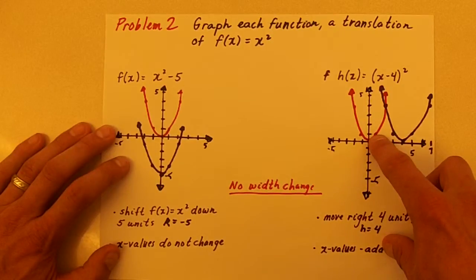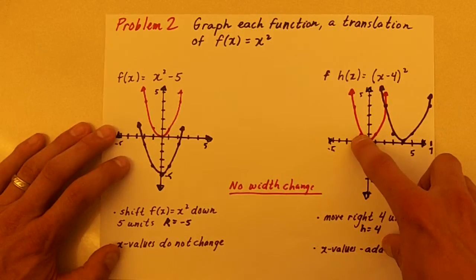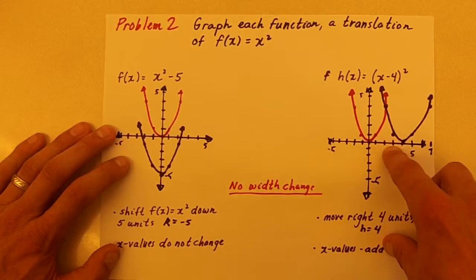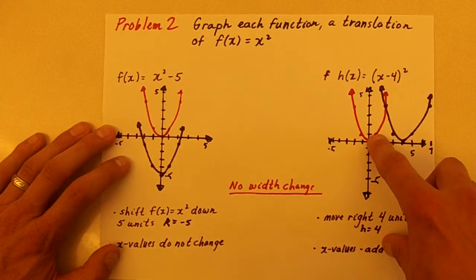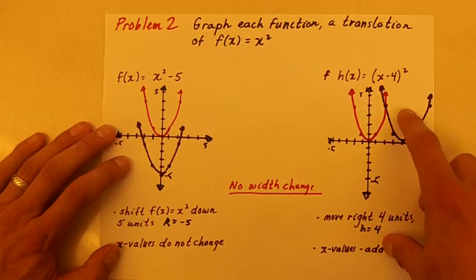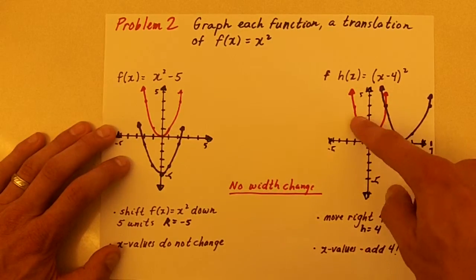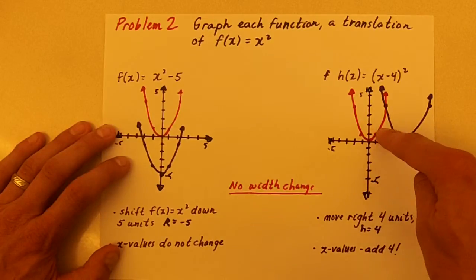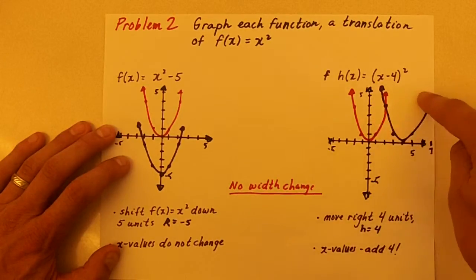And I move all of my points from x squared 4 units right. So if you're at -1 here, -1 plus 4 is 3 for the x. Here we're at 1. And we're going to move this point 4 units to the right, so that becomes 5 and 1. The y values will stay the same here. You're just moving x's, all of them 4 units to the right, and here's our new function.